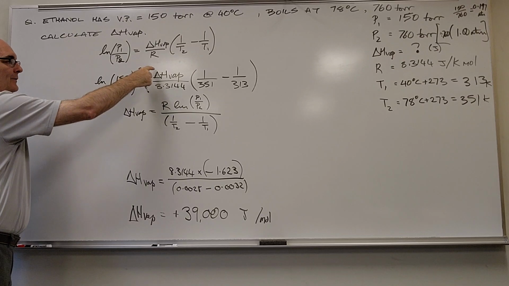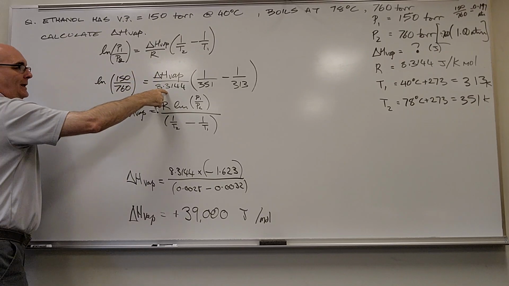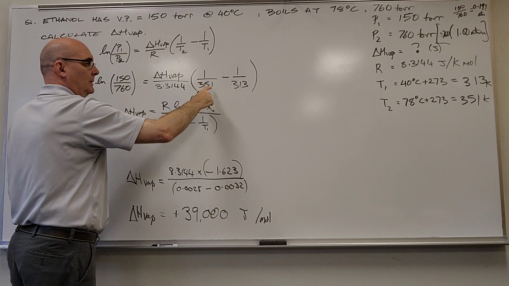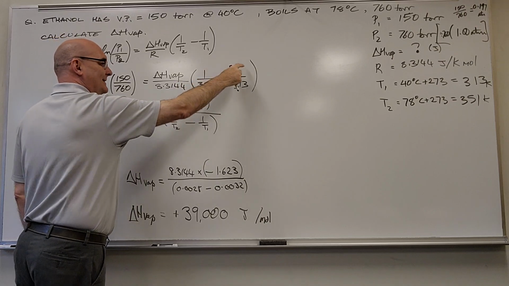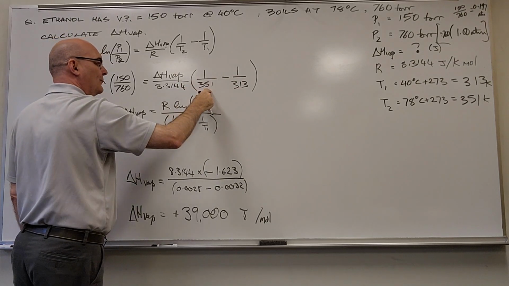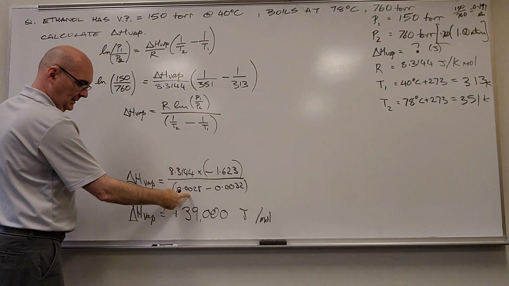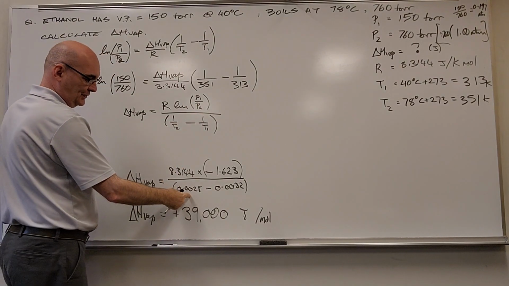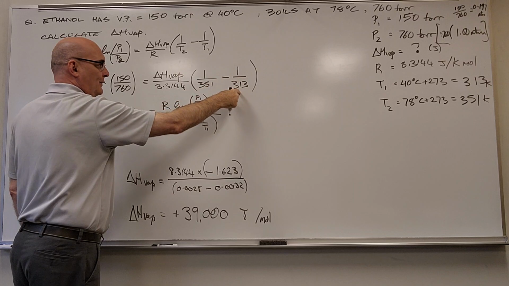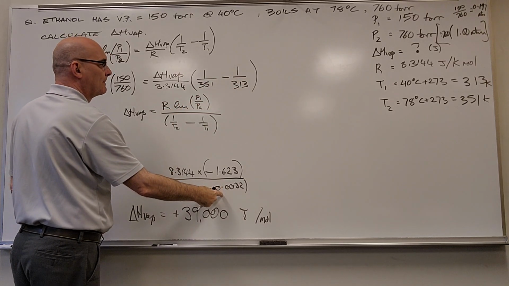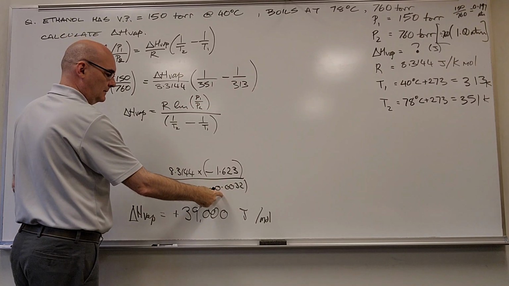That's the number I'm looking for. 8.3144 is a constant. And then this might go wrong. 1/351 is 0.0028, and 1/313. Oh, is that supposed to be 370?